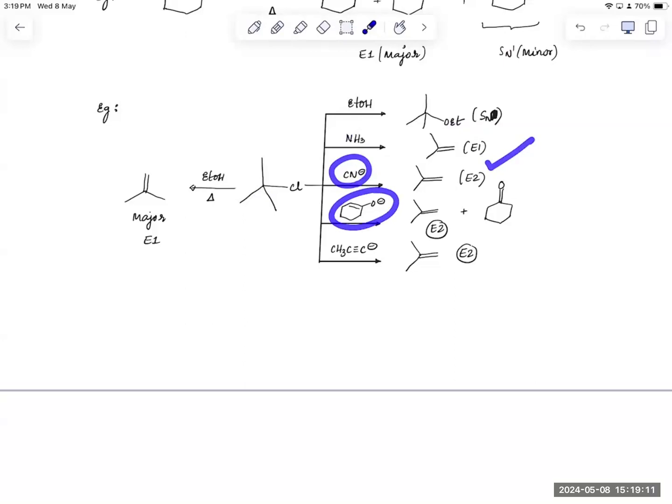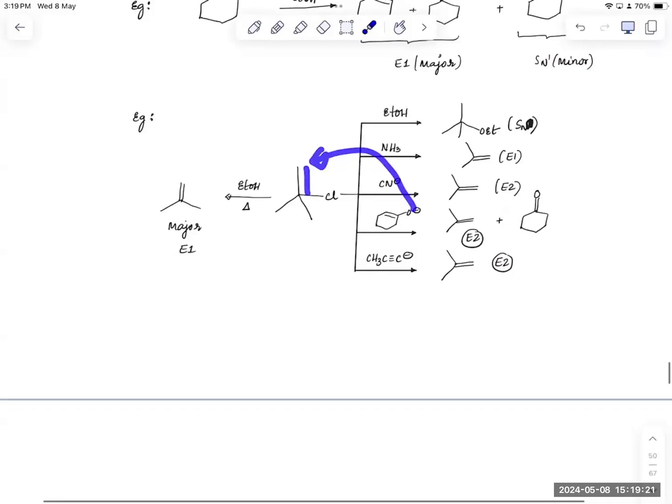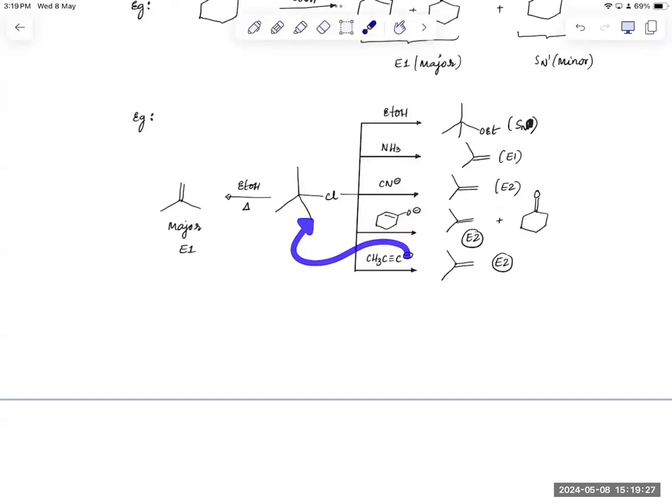If you take this phenoxide type of group, it will go for elimination and it will take H plus from here. It will make this an elimination and that itself will become enol. Enol will become ketone. This will also extract H plus from here and make an elimination. Okay. So what have you noticed?